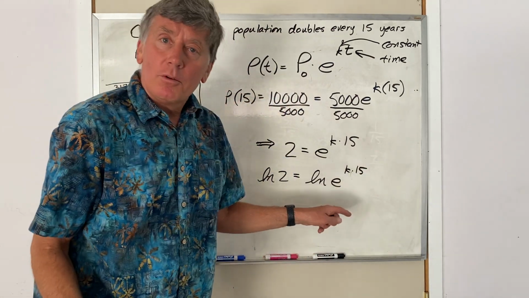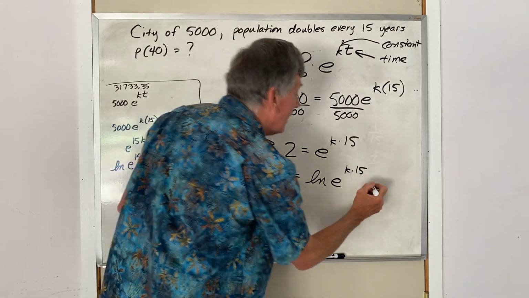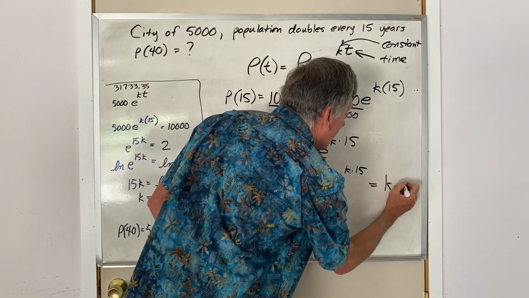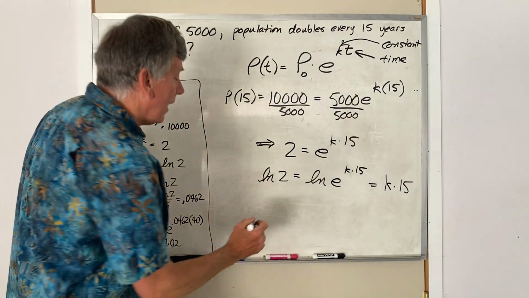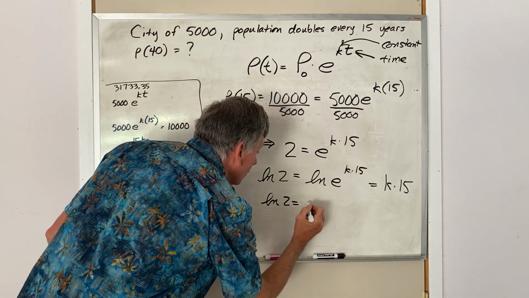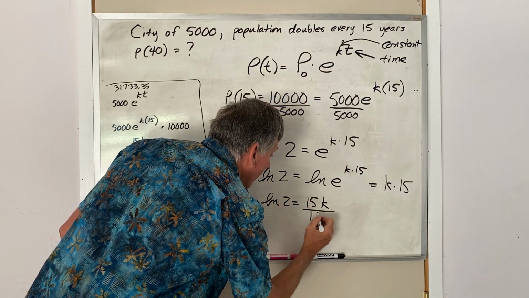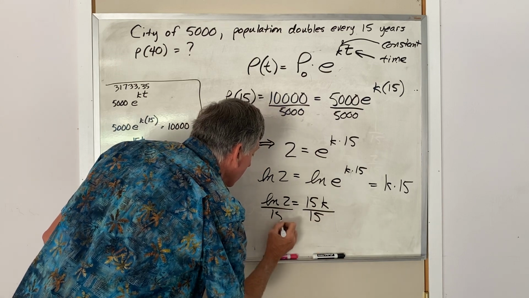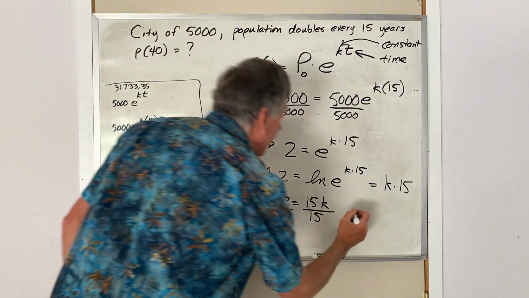And if you remember from the rules of logs, the natural log of e to this is k times 15. So the natural log of 2 is equal to 15k. I'm going to divide both sides by 15.